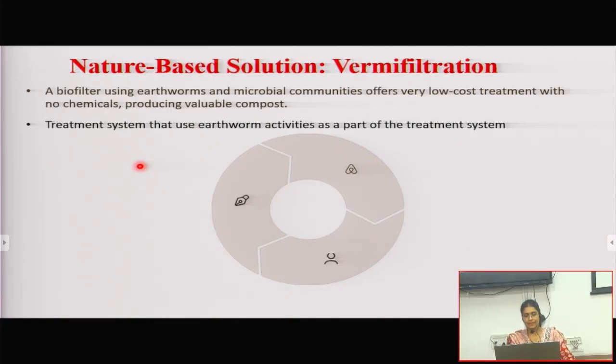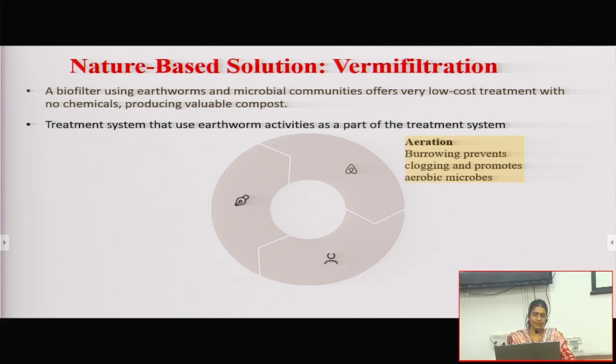In treatment systems that use earthworm activities, it's a mix of three mechanisms. One is aeration. When these earthworms keep burrowing and wriggling around in the filter bed, the burrowing prevents clogging and promotes aerobic microorganisms. Otherwise, whenever you have a filter assembly, most of the time there is a risk that it might just block.